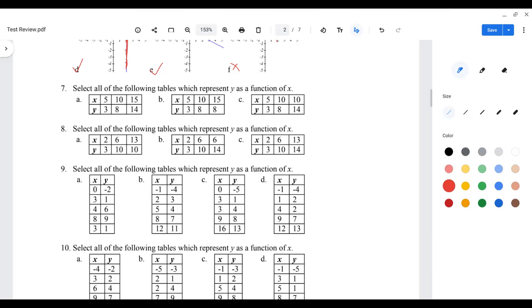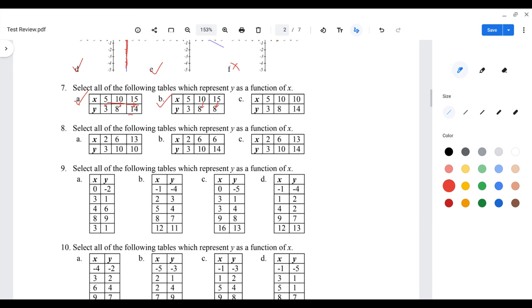So 5, 10, 15. They all have different x, and that means each x will have its own y. So A is right. B, 5, 10, 15. Even though 10 is 8, 15 is also 8. But 10 has its own 8, 15 has its own 8.